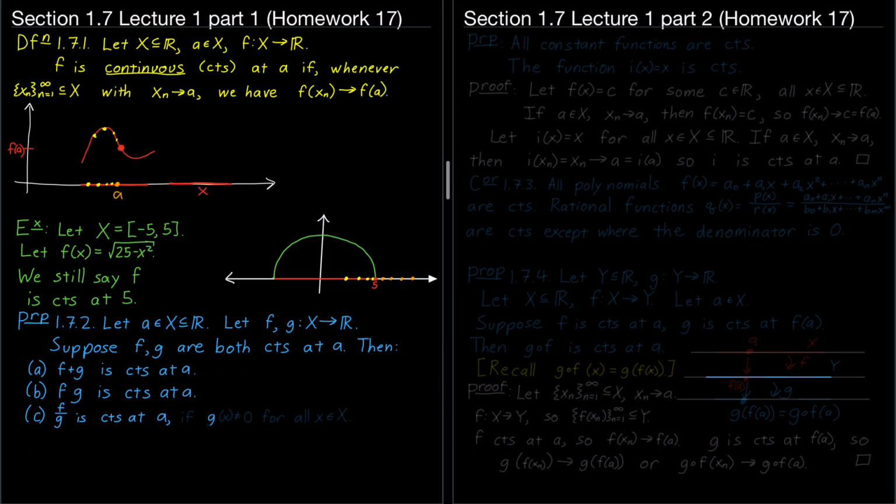But for now, let's just say g of x is not allowed to be zero for any x in the domain, and as long as that is true, then the quotient f over g is continuous at a. And so let's mention a couple of particular functions that are continuous. So all constant functions are continuous.